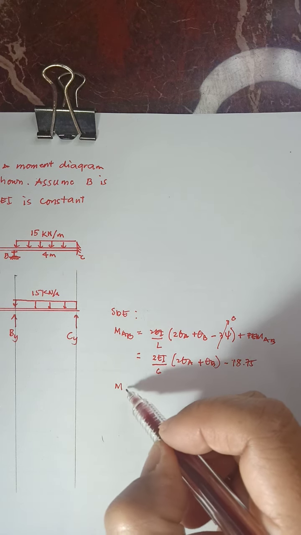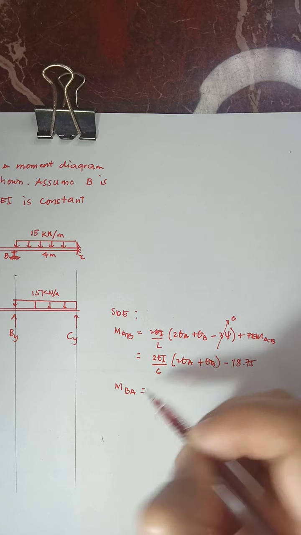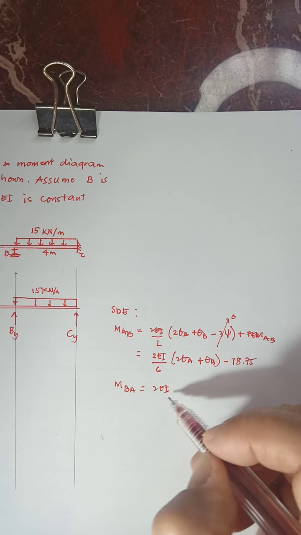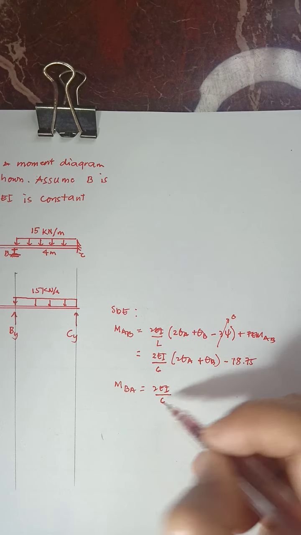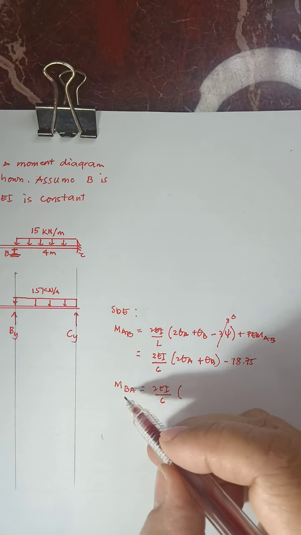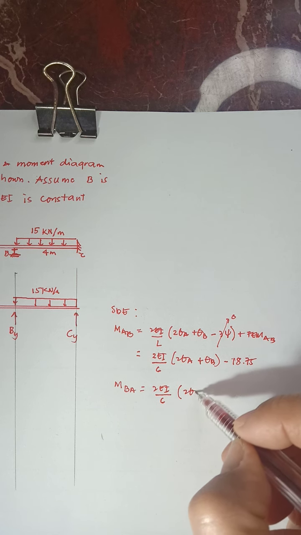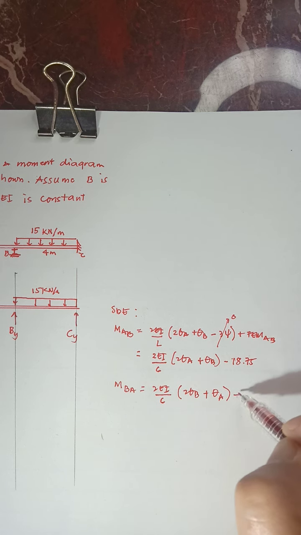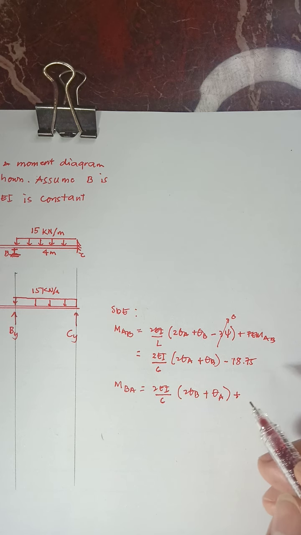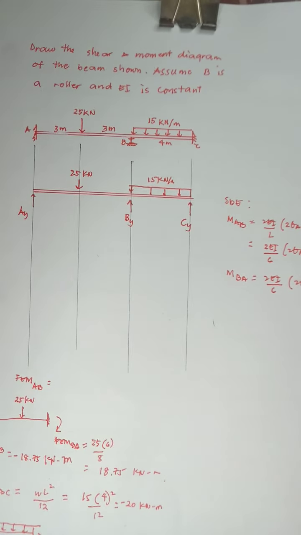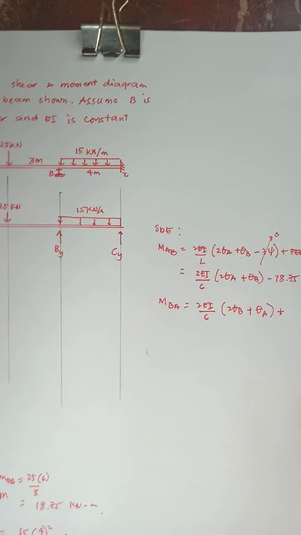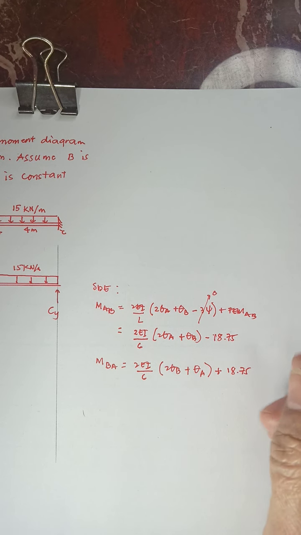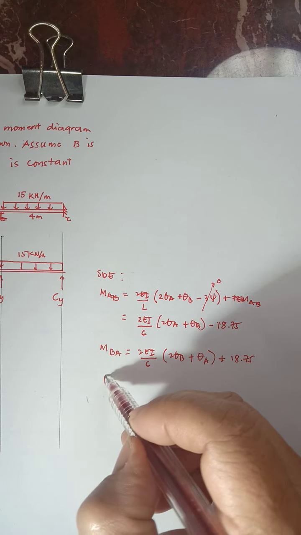Now for MBA, okay, so that would be 2EI over L, or L is 6, and magsugod na po ka sa 2 theta B plus theta A plus itong fixed end moment during BC is positive 18.75.